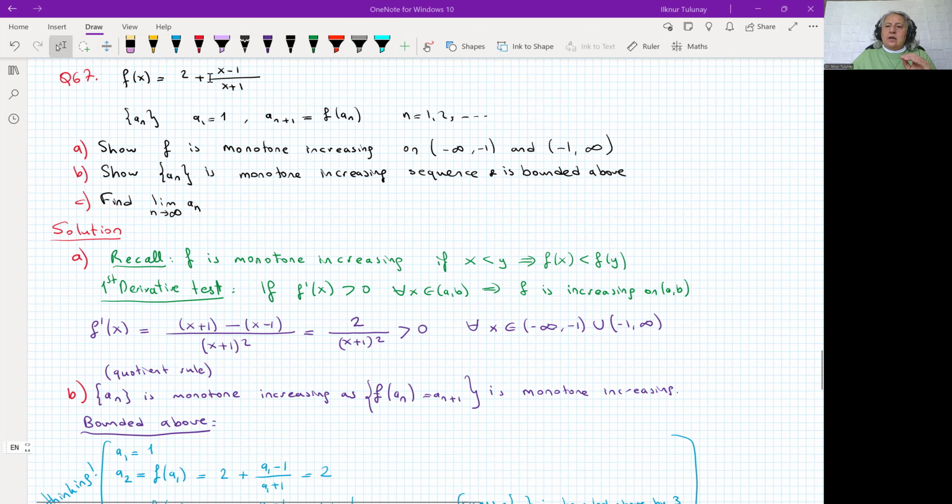Now, since we are dealing with sequences, and sequences are indexed by the natural numbers, when we are proving something related to these natural numbers, we almost always think about the induction method.